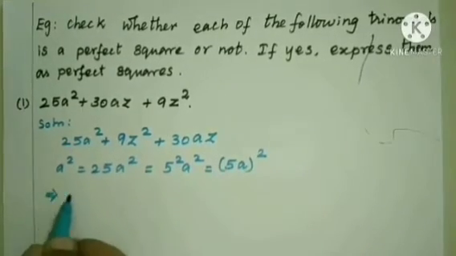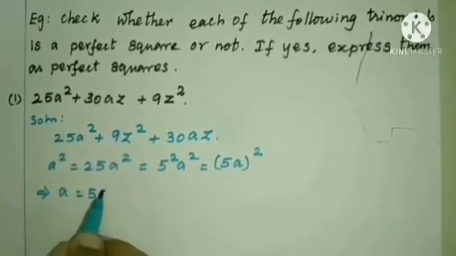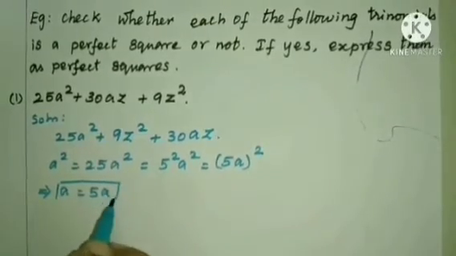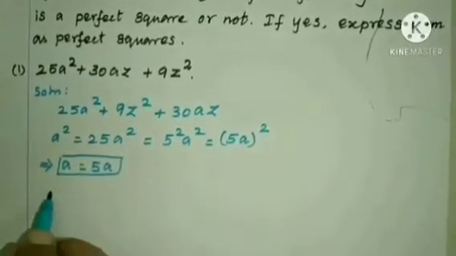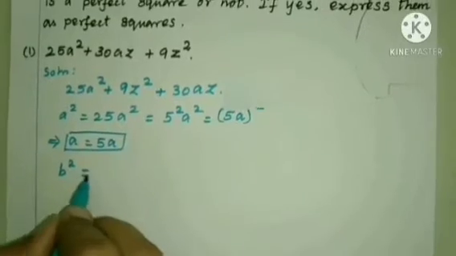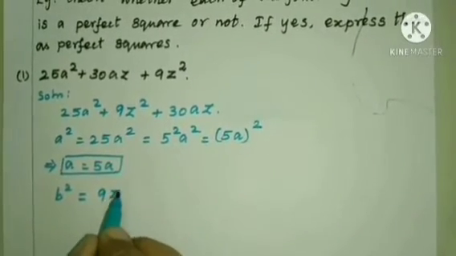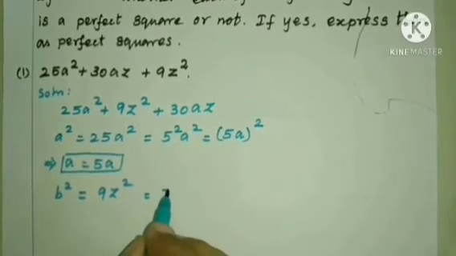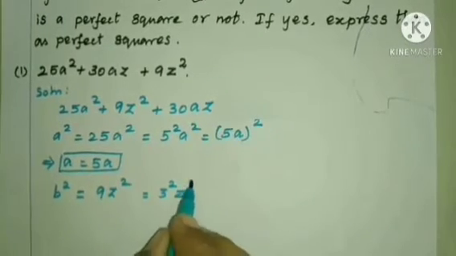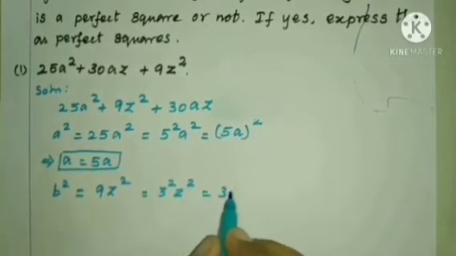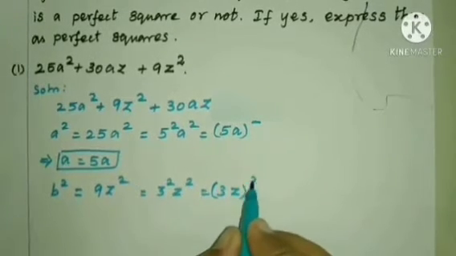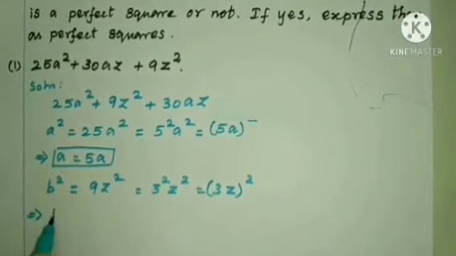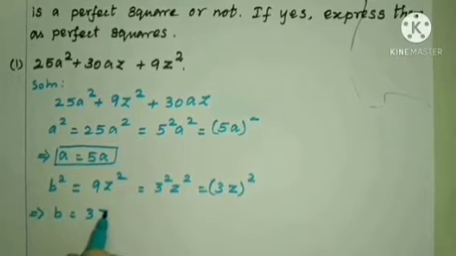This implies a is 5a. Then second element b square is 9z square, which is equal to 3 square z square, that is (3z) the whole square. This implies b is 3z.